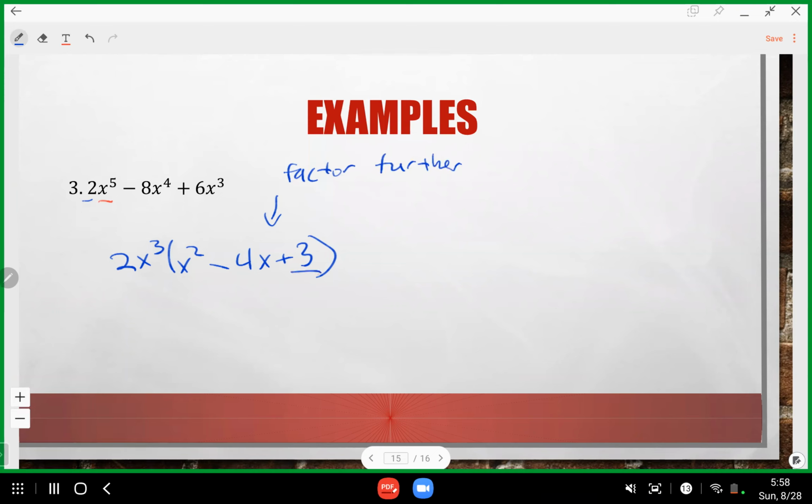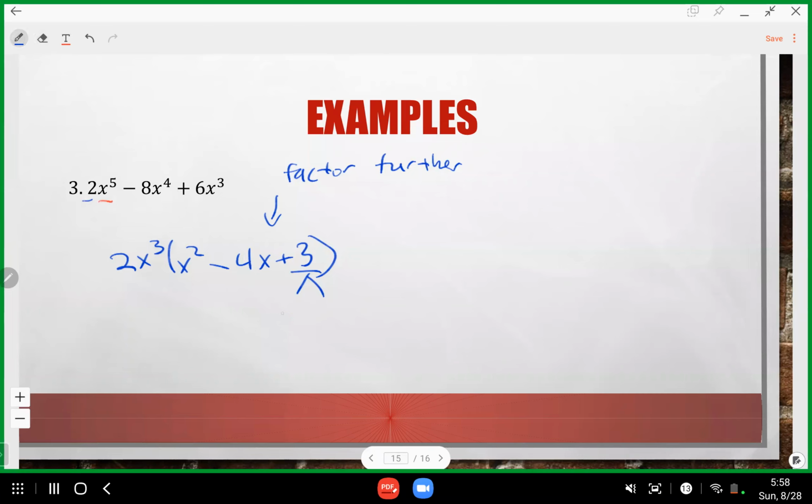Let's look at factors of 3. You got -1, -3, 1, and 3. Since we know they add up to -4, the positive ones are out. And we also know that 2 negatives multiply to make a positive, right?